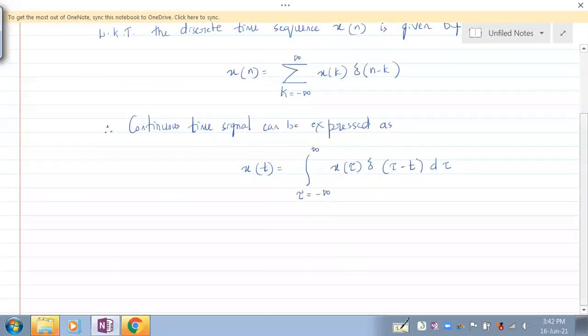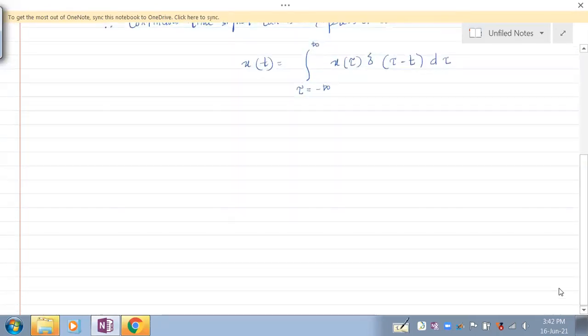Now, this particular x of t is being applied to an LTI system. This is a continuous time LTI system.